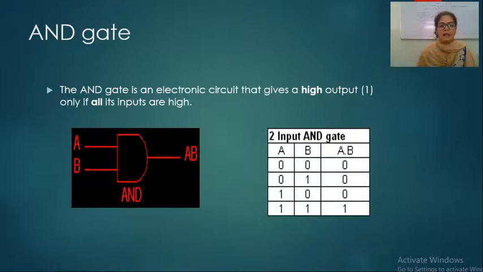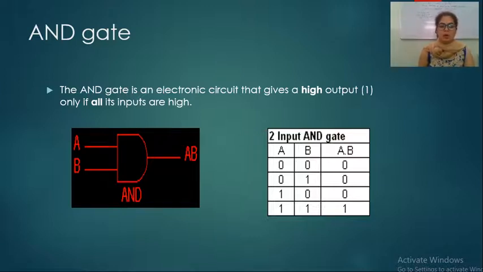So what is an AND gate? An AND gate is an electronic circuit that gives a high output only if all its inputs are high. The AND gate gives output high only if both the inputs are high. Otherwise, it will give the output as 0.